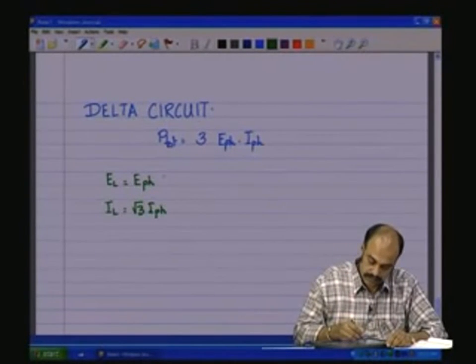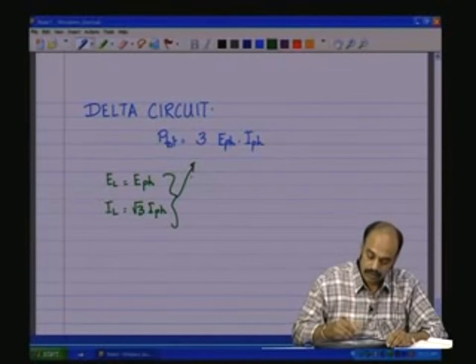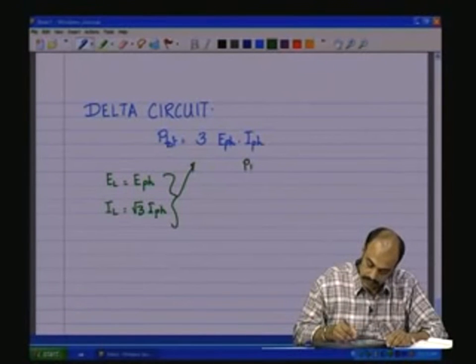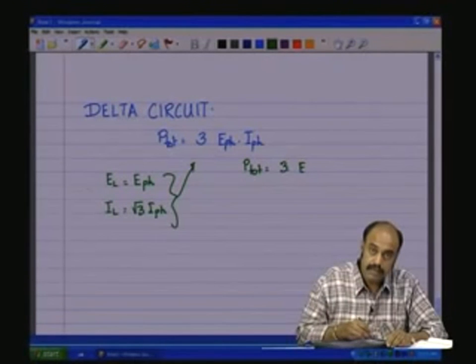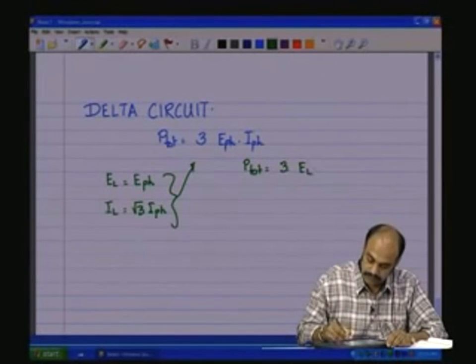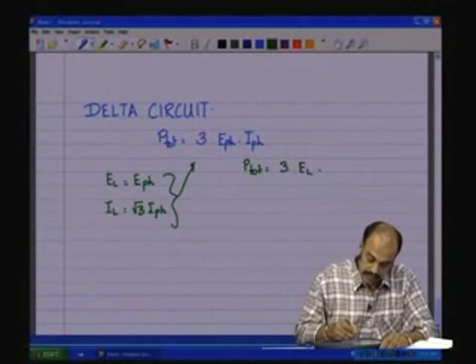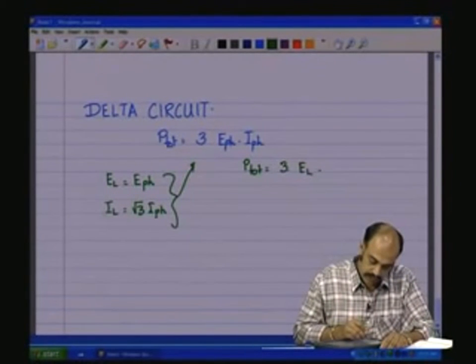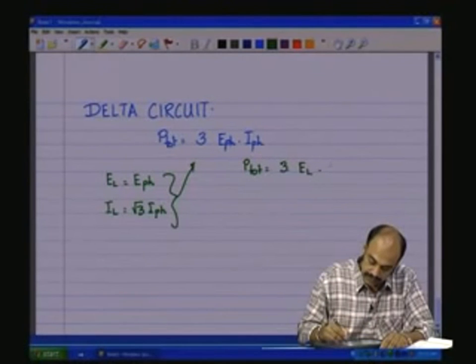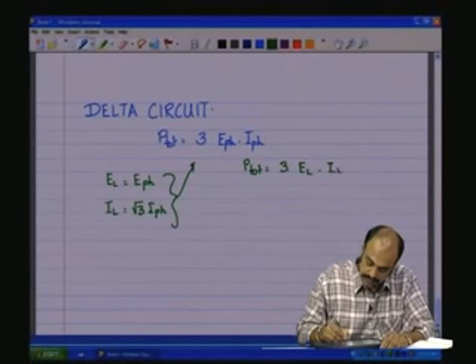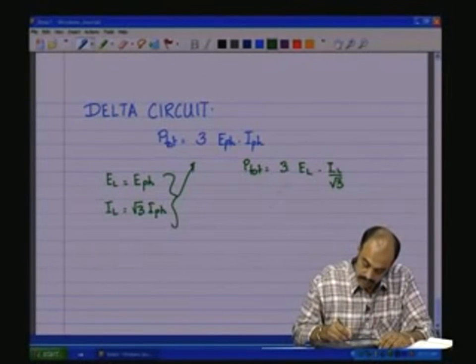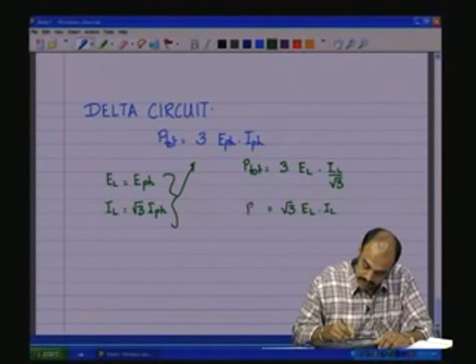So, substituting this here, we have P total is 3 times E phase, which is same as E line. So, we write it as E line, and I phase, looking at this equation, we have I L by root 3. So, this gives you the same relationship E L into I L, this is P total.